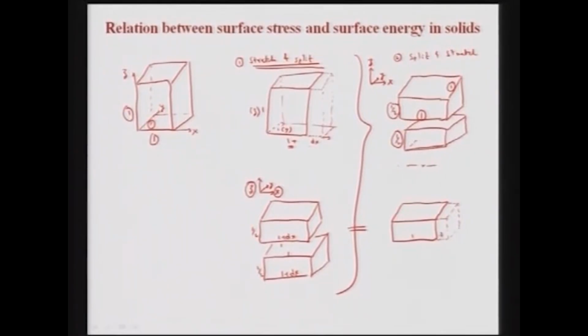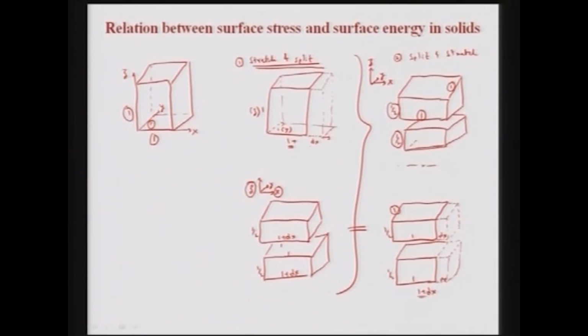So I add 1 and then dx, and the same crystal I will try to get. So I have now half, 1, and then 1 plus dx along the x side.